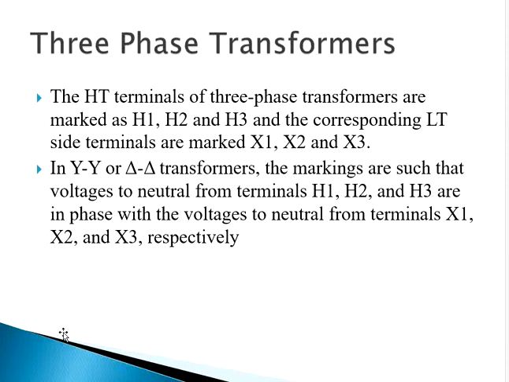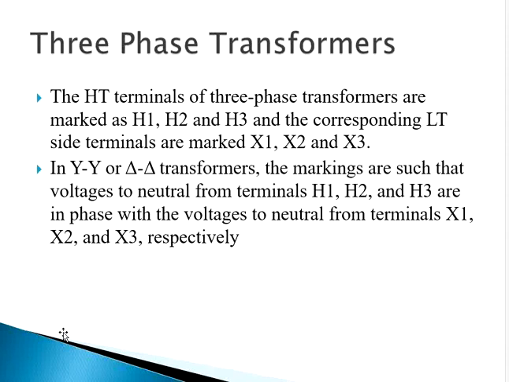So what is HT and what is LT? You know, high tension and low tension, or high voltage and low voltage. There are standards that we call ANSI standards.